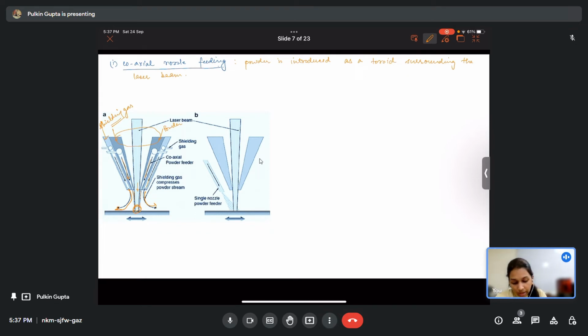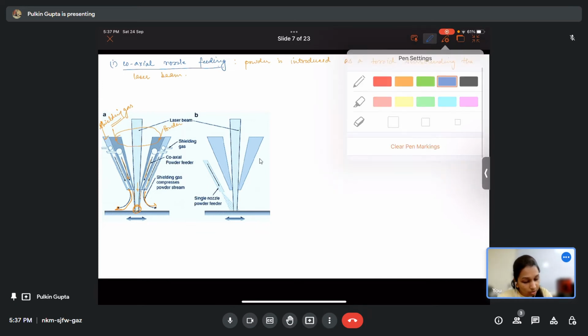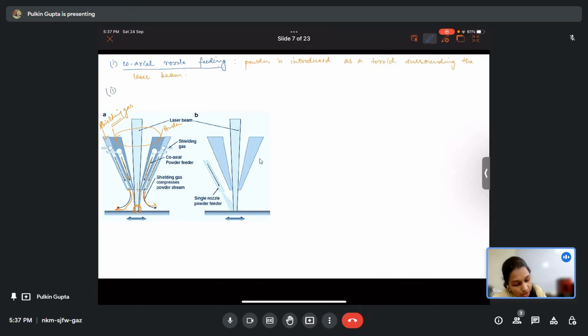Now another one is your single nozzle powder feed. Here you have a single nozzle, which is a separate thing, and a laser beam.